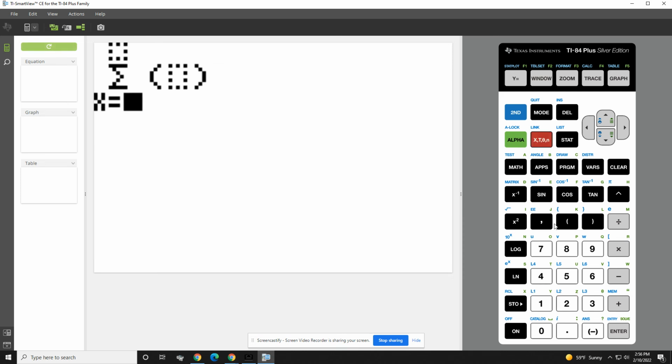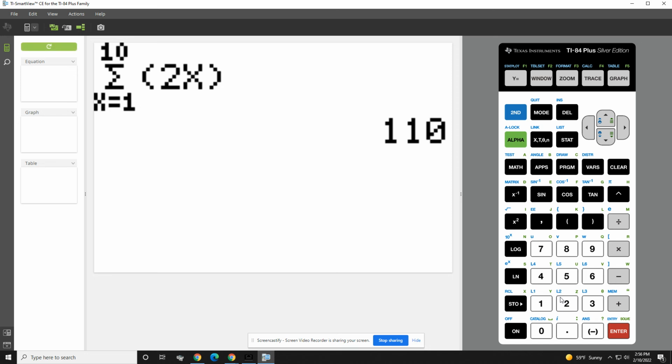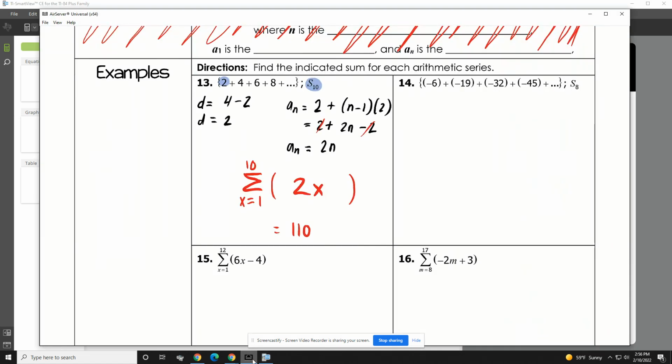I'm going to define x from the first term all the way to the 10th term for the equation that we just came up with, 2x. And when I push enter, there's my final answer, 110, the sum of this arithmetic series through the 10th term. You see, there's no reason to learn a new formula when I've already got it.